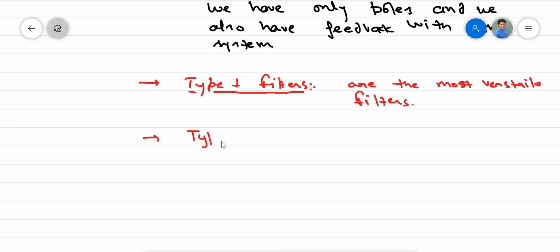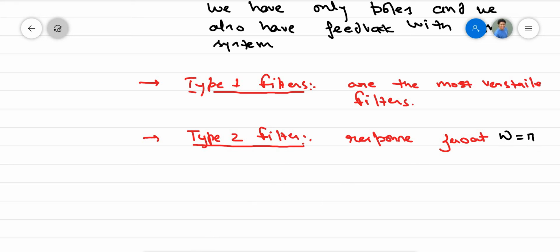Whereas type 2 filter shows response 0 at omega equal to pi. That is, this filter is not suitable for HPF, high pass filter.